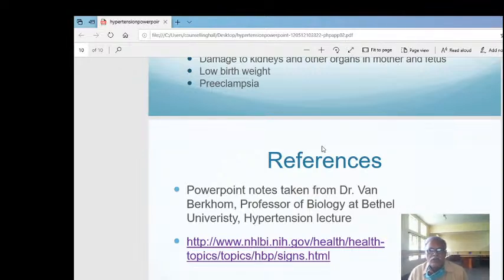The beta blockers should not be started early in all the patients of hypertension. The beta blockers should be given only to people with evidence of coronary artery disease, with myocardial infarction or ischemic heart disease or angina pectoris.